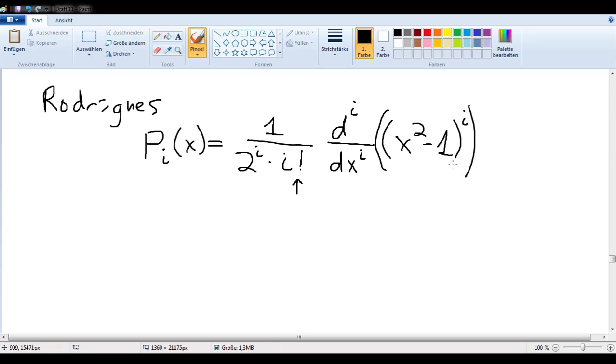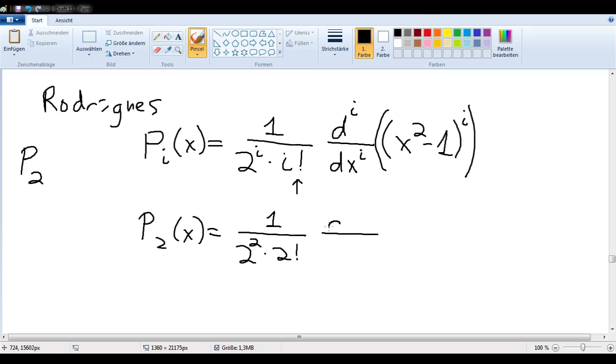Okay, so again, that's pretty crazy. But let's do an example. We've just been dealing in the last few videos with the case that we had P2, so let's see if we can derive that. P2 of x would be equal to 1 over 2 to the 2nd power times 2 factorial, and then we would be dealing with the second derivative of x squared minus 1 squared.